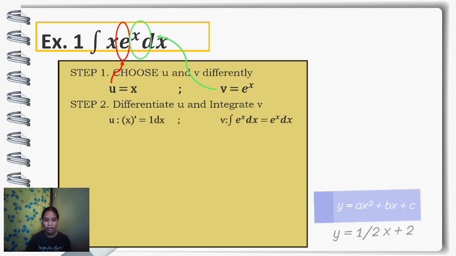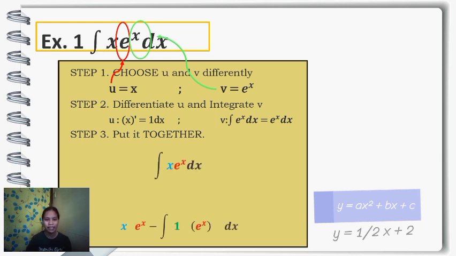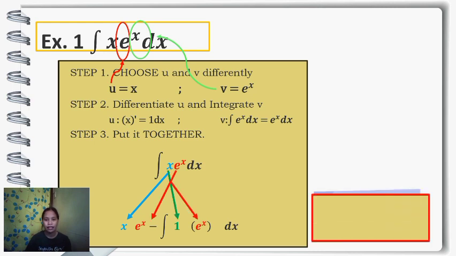The derivative of x is 1 dx, and the integral of e raised to x dx is e raised to x. Step 3, we put it together in the diagram. So we have x e raised to x minus the integral of 1 times e raised to x dx.